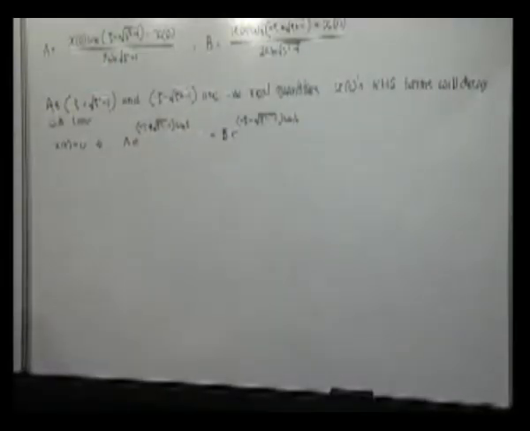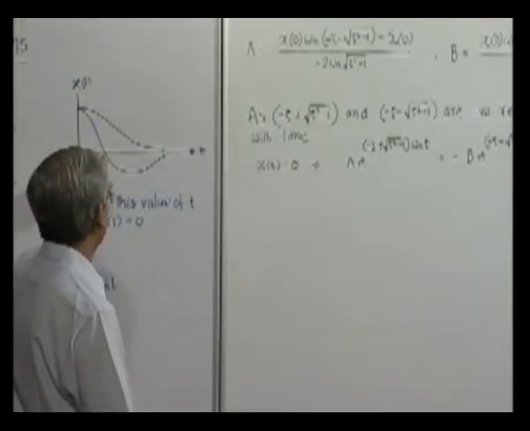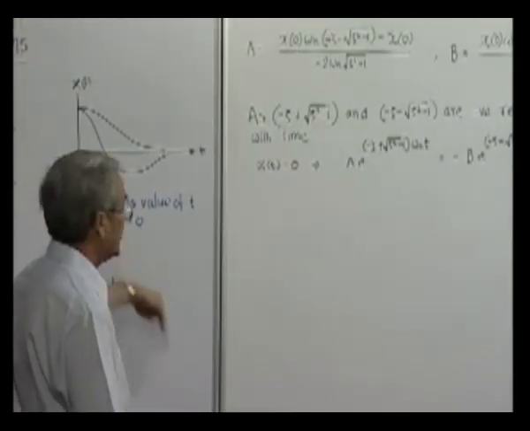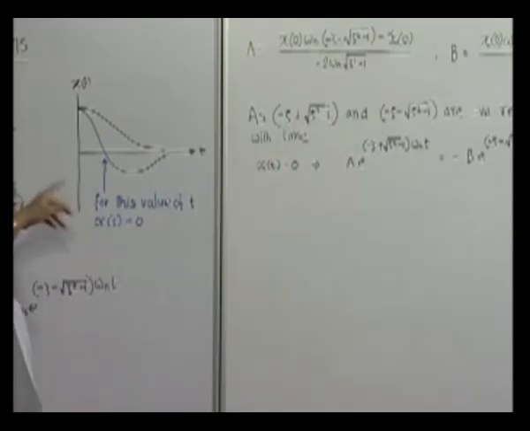If we can find a positive real value of t from this condition, that is the value where x(t) can be 0, meaning the mass will cross the equilibrium position.